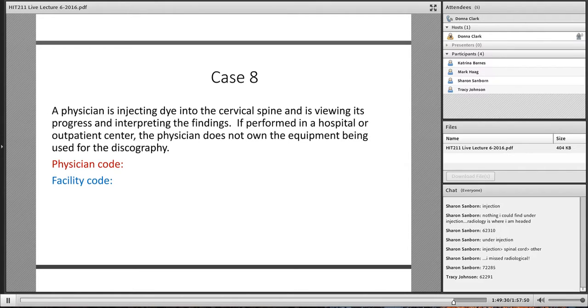And we're in cervical. All right, and so then our radiology was the 72285 portion. I'm getting slower and slower here, you guys. All right, I'm getting to it. Almost there, guys.